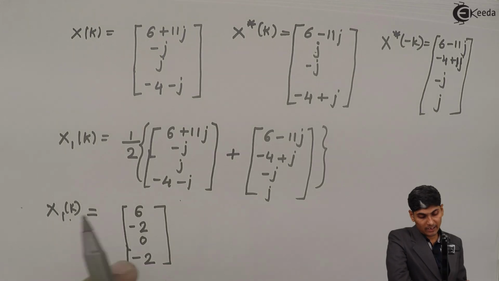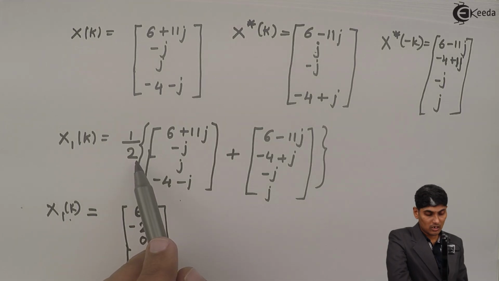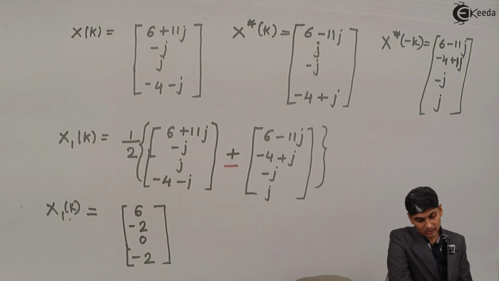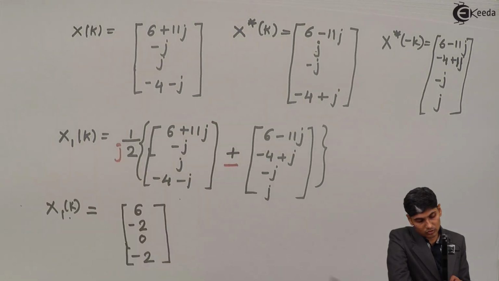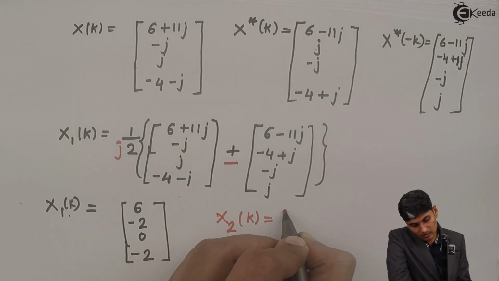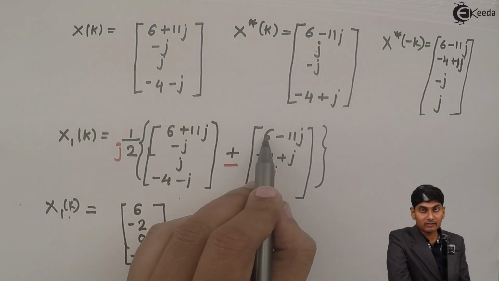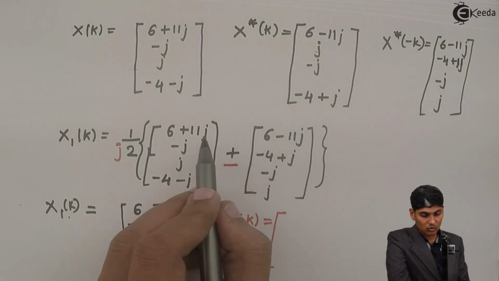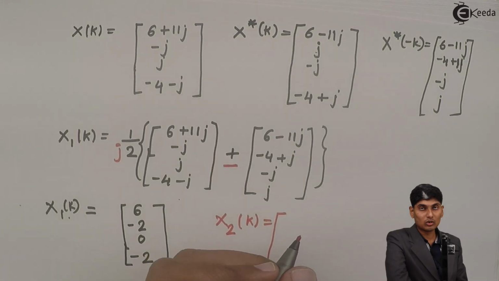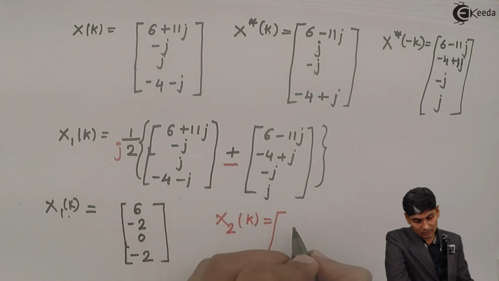Similarly, we can find x2 of k by keeping minus here and dividing by 2j. So I just replace the plus sign with minus and 2 with 2j, and the solution that we get for x2 of k is 6 plus 11j minus 6 plus 11j. So now the real part will get cancelled and you'll get plus 22j, which when divided by 2j will give me 11.